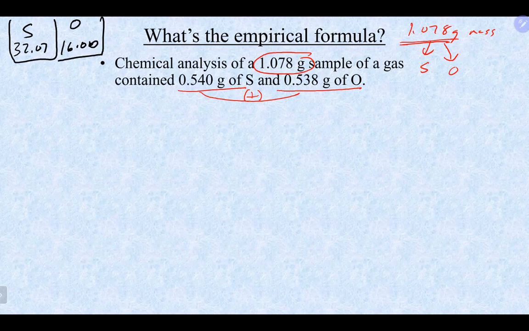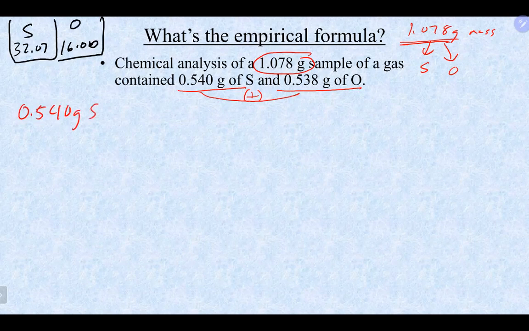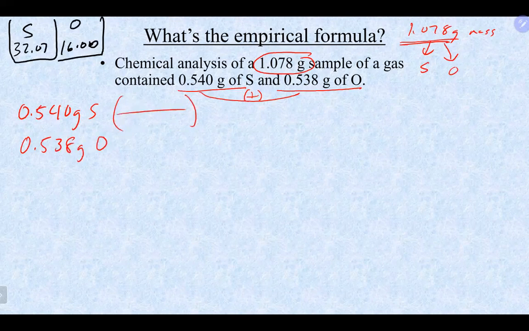Because that does add up, we can go into our grams to moles part of the calculation, because that is where we're at. So we're going to take each of our grams of the elements and divide by the molar mass from the periodic table for each of them, and that's 16 there for our oxygen.